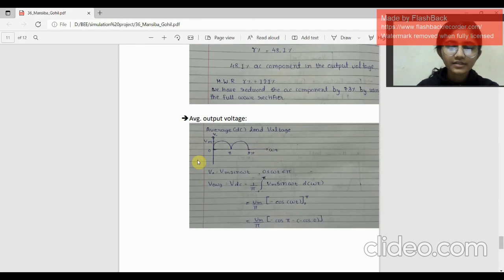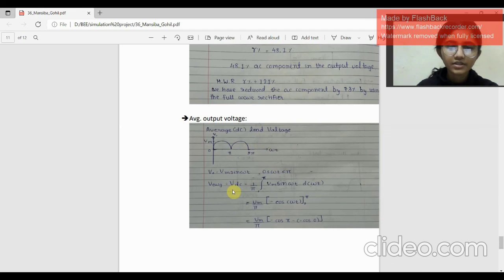So when omega t is between 0 to pi, v0 equals Vm sine omega t, and when omega t is between pi to 2 pi, we will receive the same value for v0.